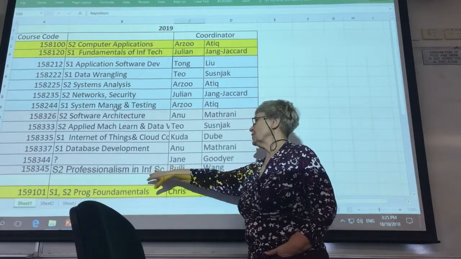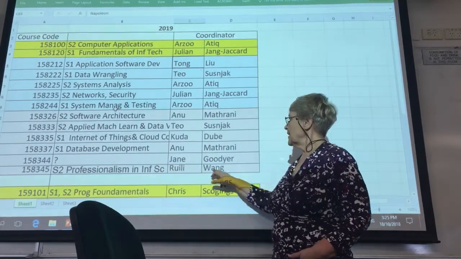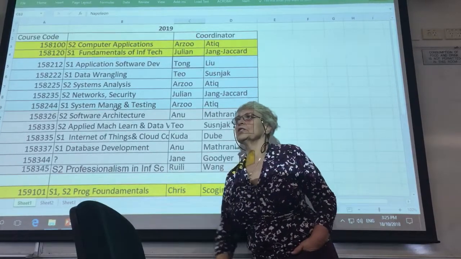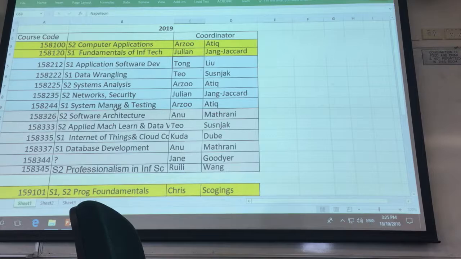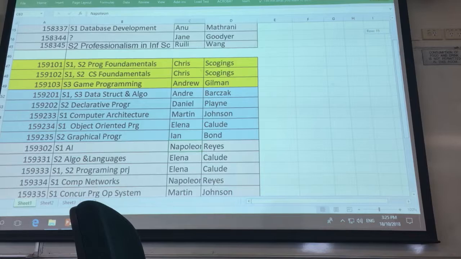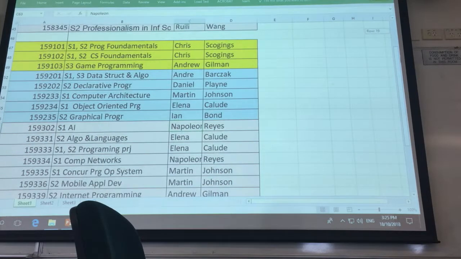Professionalism in information science is theoretically taught by Ruli, but I think she has a student. That one is compulsory, and it's taught mostly in semester 2, but it's a must for everyone because of the accreditation. Professionalism in information sciences is a big issue.